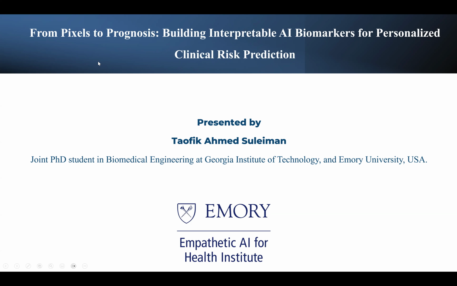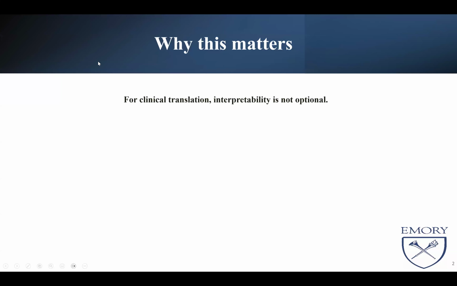So why does this actually matter? For clinical translation, interpretability is not an option. We are all used to the word deep learning. We train a model, we give an image to the AI, and the AI gives us some fancy-looking result.